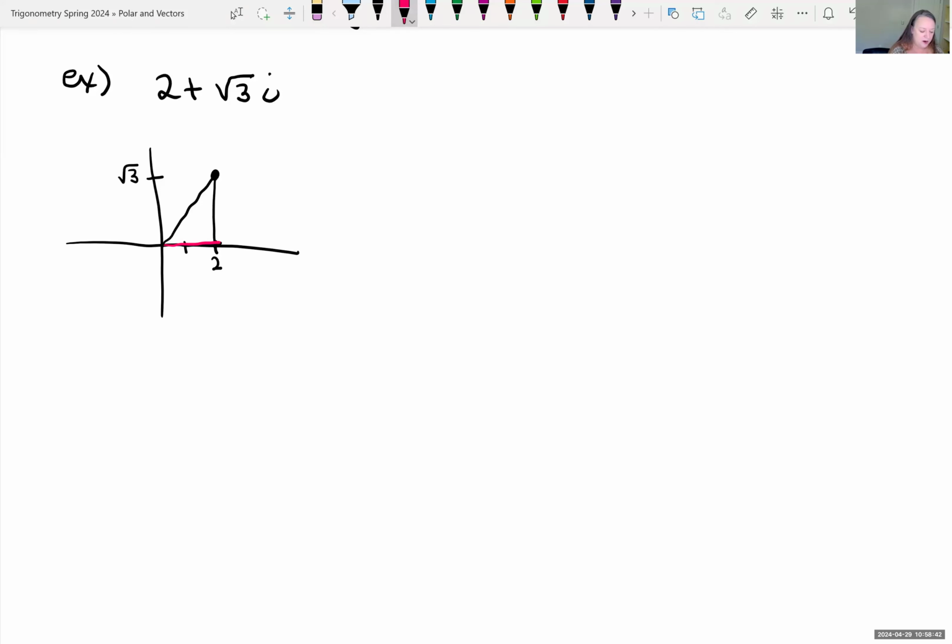So I know my real part, again, 2. Imaginary part is root 3. And I can solve for r. That's the square root of 2 squared plus root 3 squared. So r is equal to the square root of 4 plus 3, which equals the square root of 7.